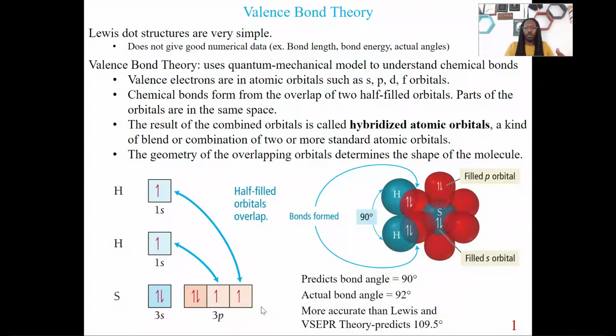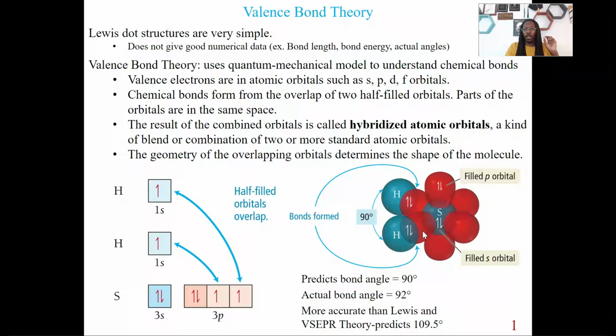Once it's filled, we can determine the shape of our molecule. It looks something like this. Our bonds form between the sulfur 3p orbital and the hydrogen 1s orbital. This overlapping is what we mean by hybridized atomic orbitals.